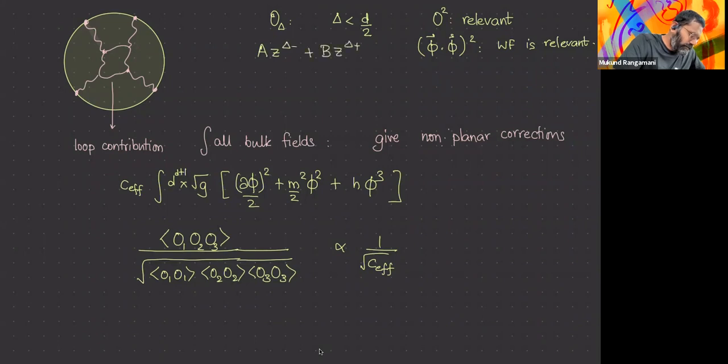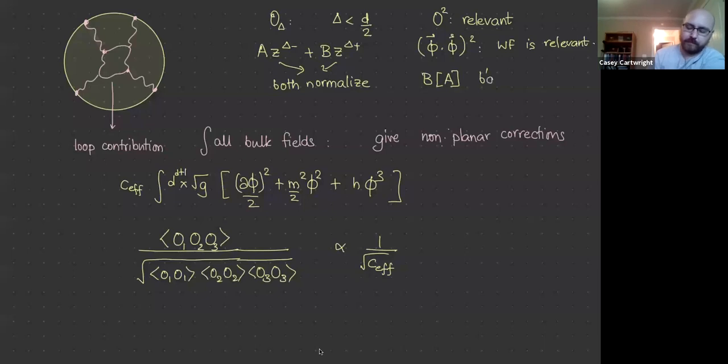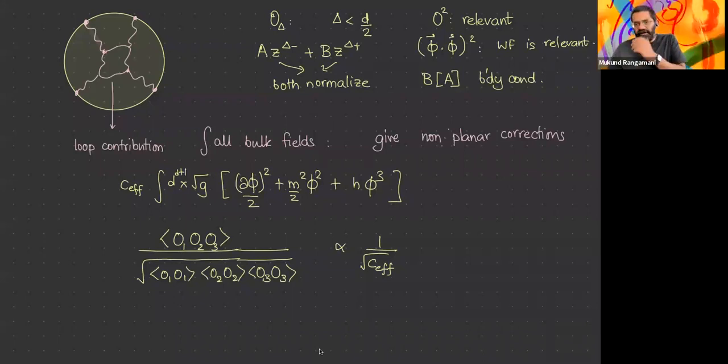Both are normalizable, and you can try to give B as a functional of A. It could be as simple as a Robin boundary condition where it's some linear combination of Neumann plus Dirichlet, or something more complicated where B is some non-trivial functional of A. Those would correspond to turning on things of this kind.